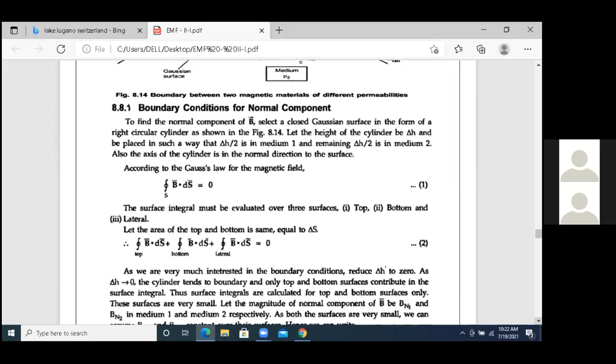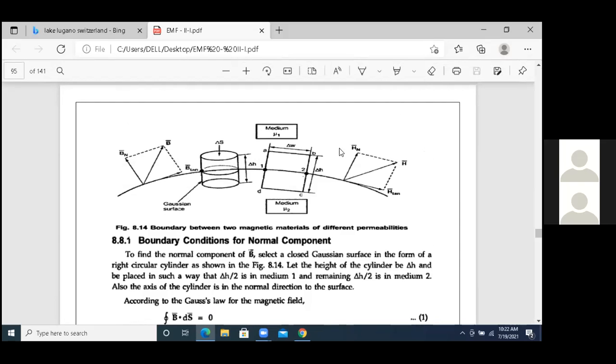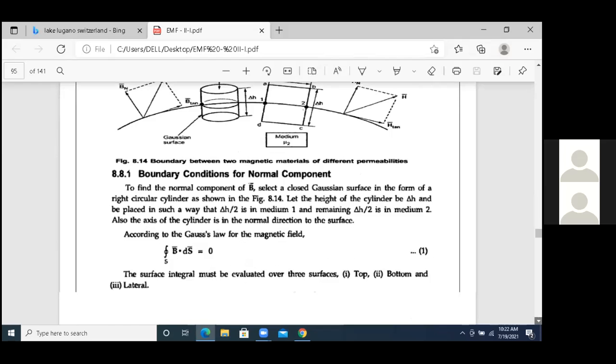The surface integral must be evaluated over the three surfaces. Over the closed surface, we're going to evaluate the surface integral at the top, bottom, and the side or lateral portion.